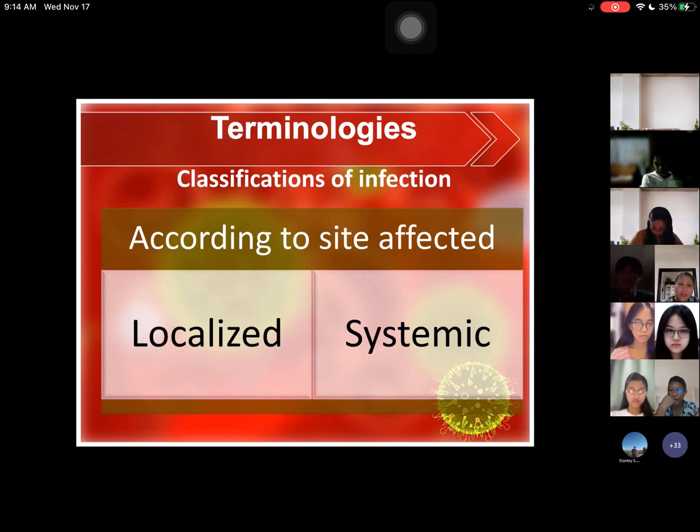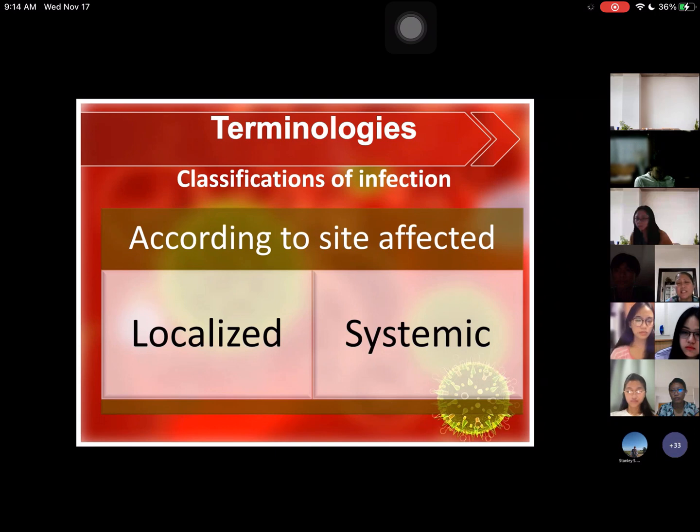Okay? Like for example, pimples, okay? Or this SARS, this COVID-19, which is actually affecting our respiratory tract. Okay, it is localized. It can be seen. It can only target one area or location. Okay, so that's localized.